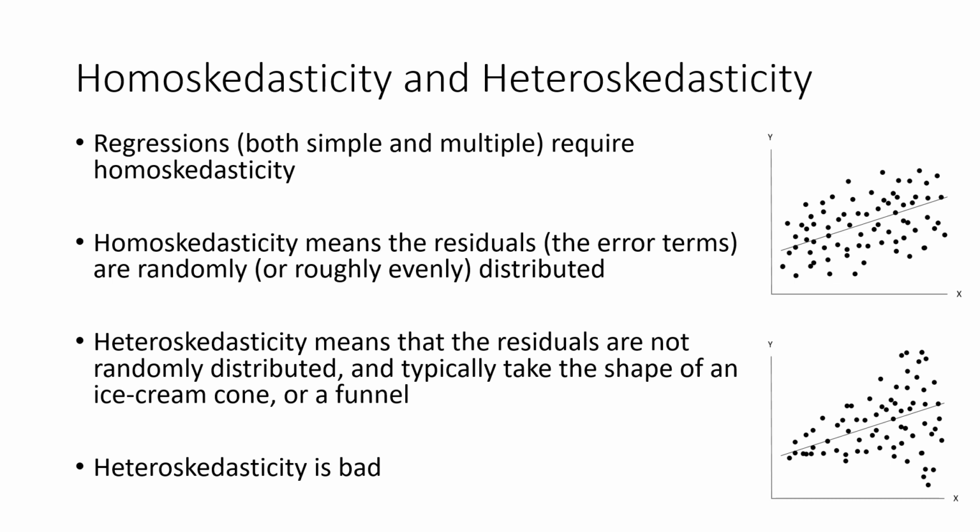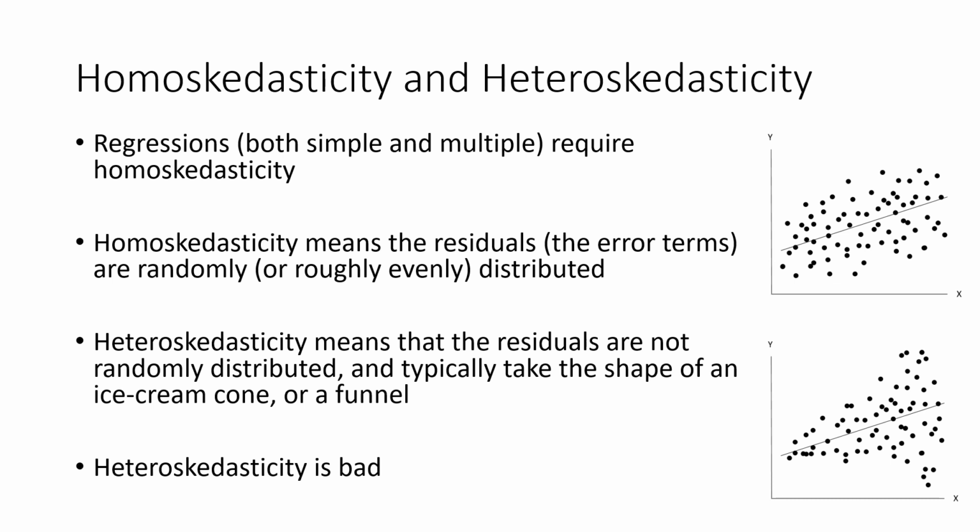Heteroskedasticity, on the other hand, refers to a situation in which the residuals or the error terms are not randomly distributed, and they often take the shape of something like an ice cream cone or a funnel. And you can see an example of heteroskedasticity in the bottom right of this slide. You can see that at the beginning of the line, they're sort of clustered around, but as you move to the end of the line, there's a greater variance of these error terms.